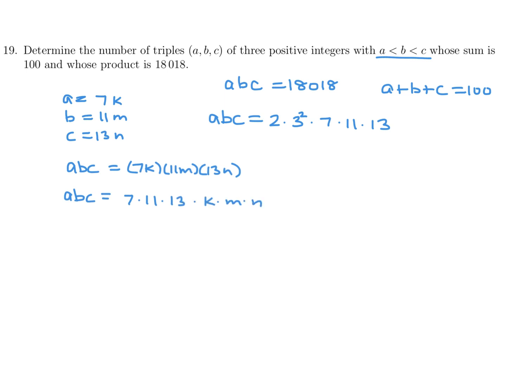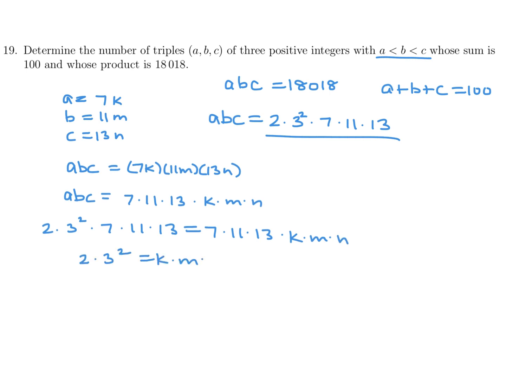But this abc is this guy right here, which is 2 times 3 squared times 7 times 11 times 13. And that's going to equal 7 times 11 times 13 times k times m times n. So that means that 2 times 3 squared is this k times m times n. And that means that would be 18.